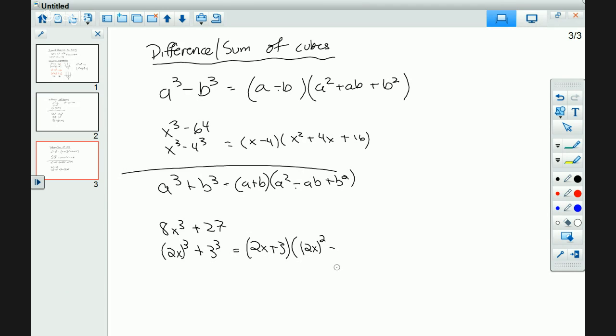Minus 6x plus 9. So that would be 4x squared. Be careful there. Any questions? You want to see any others?